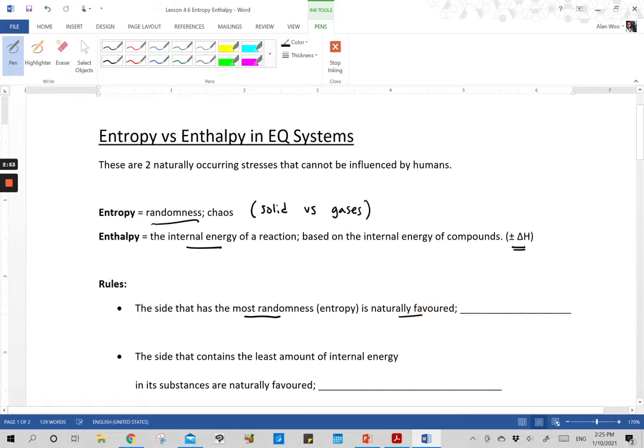So we call this maximum entropy. Oops, spelled maximum wrong. So the side that has maximum entropy is the side that the reaction will shift towards all the time.